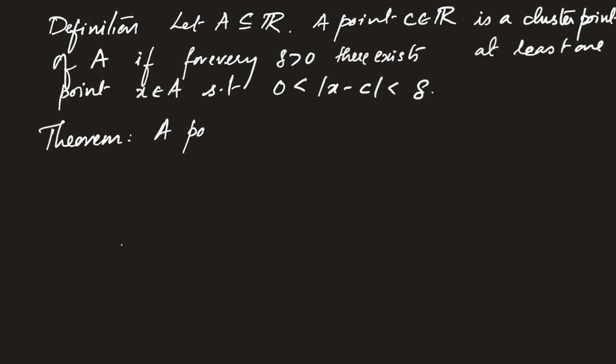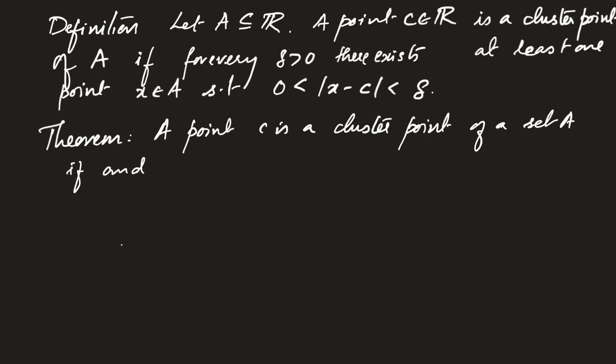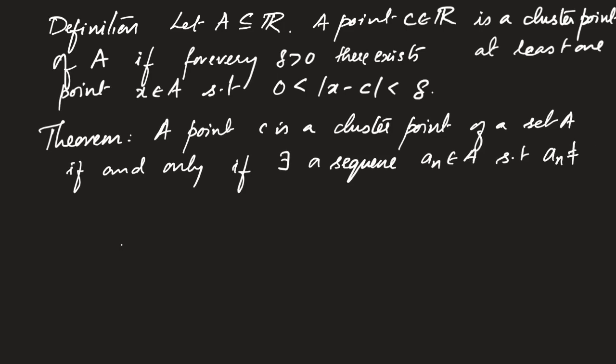A point c is a cluster point of a set A if and only if there exists a sequence a_n in A such that a_n is not equal to c and limit n tends to infinity a_n is equal to c.